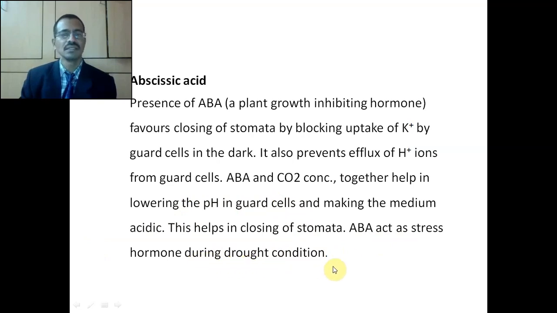So when there is deficiency of water, when there is scarcity of water, abscisic acid immediately reaches the leaves. So it is also called the stress hormone.